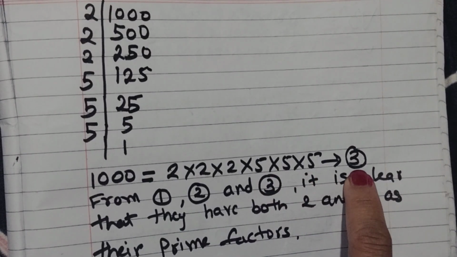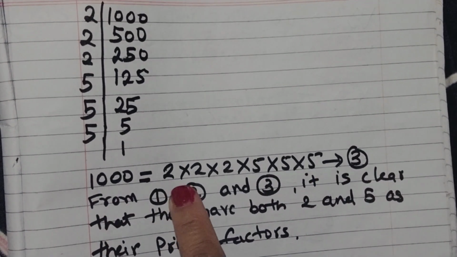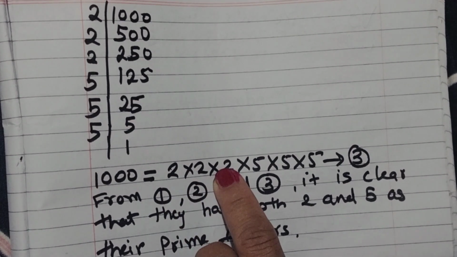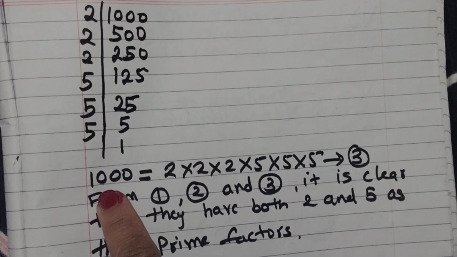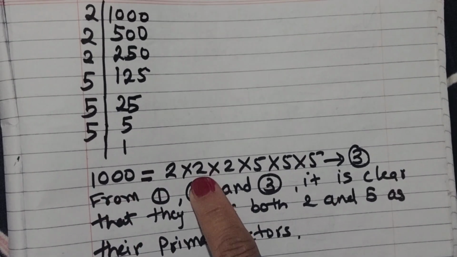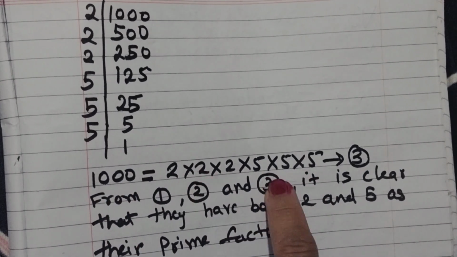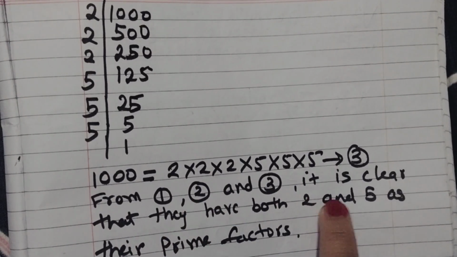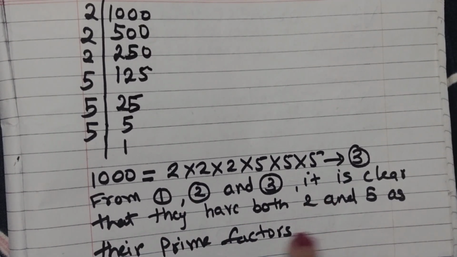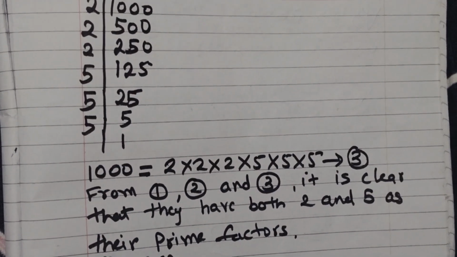We put this as equation 3. So in 1000, we are getting 2 three times and 5 also three times. It means the number that ends with the digit 0 is divisible by 2 and 5, that is, it has 2 and 5 as its prime factors. So from 1, 2 and 3, it is clear that they have both 2 and 5 as their prime factors.